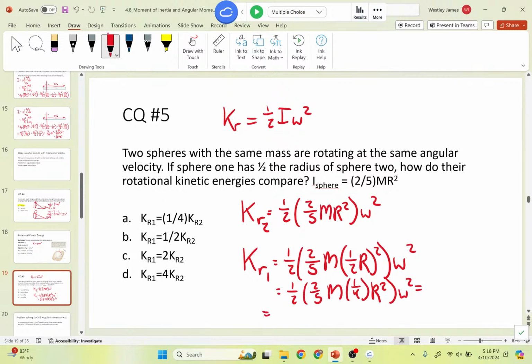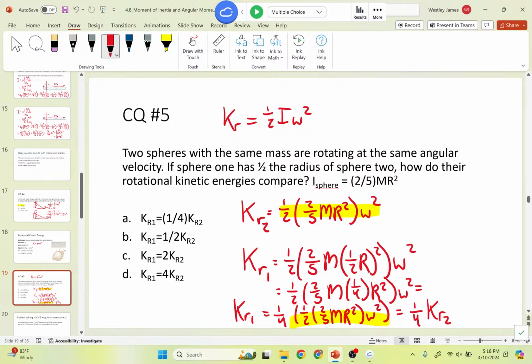So if you pull that 1/4 to the front, we get 1/4 times 1/2 times 2/5 mr squared omega squared, and these two things are the same. Therefore, the kinetic energy of the first object is 1/4 the kinetic energy of the second object.